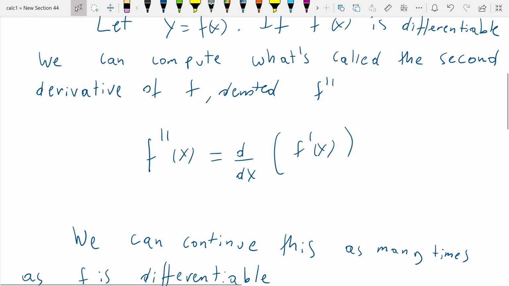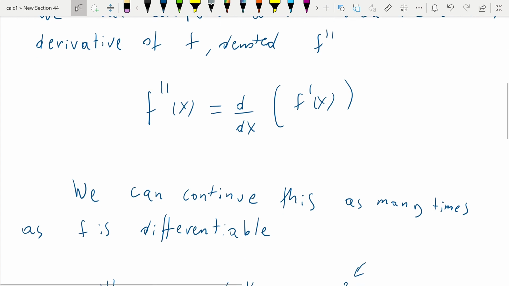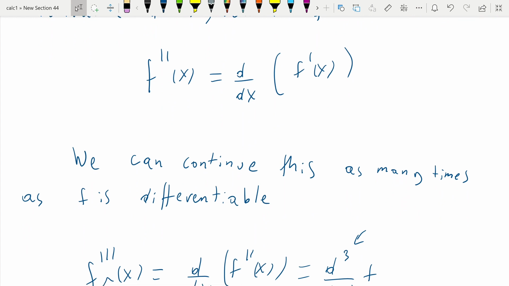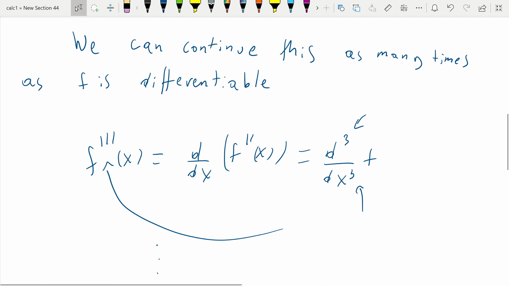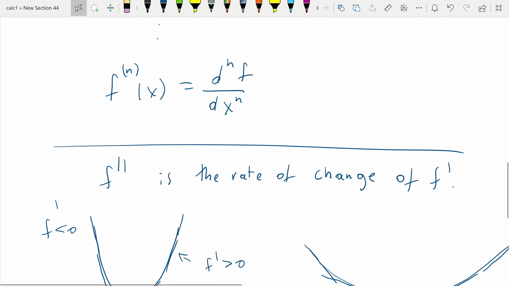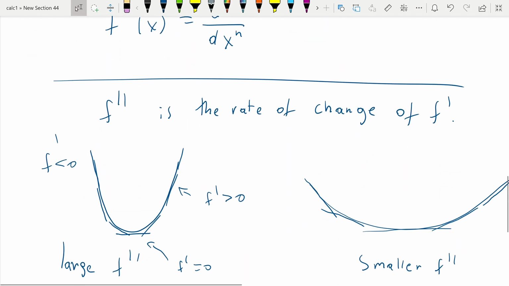The information provided by f double prime will allow us to classify these critical points. Knowing the sign of f double prime, we'll be able to say whether a critical point is a maximum, a minimum, or something else, or an inflection point. So f double prime is very important.